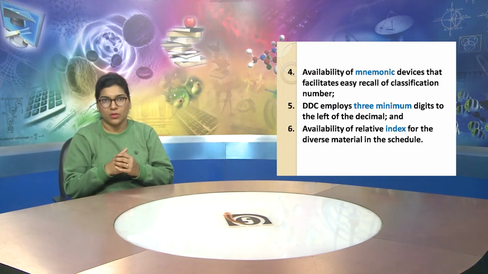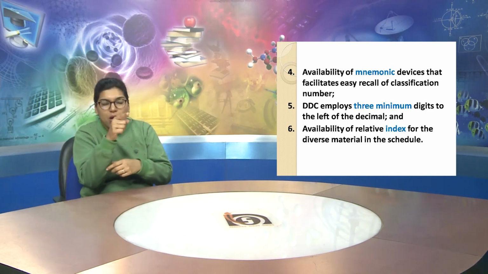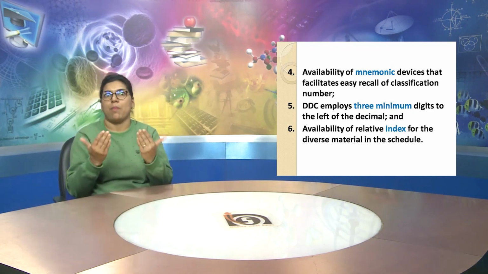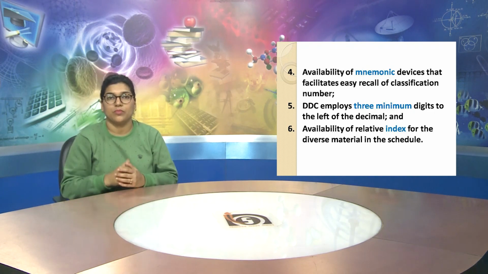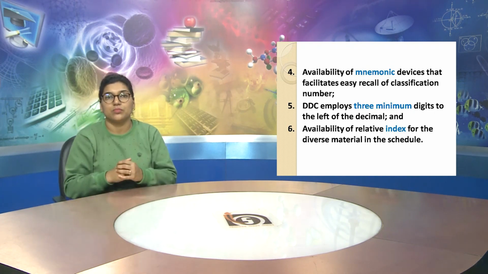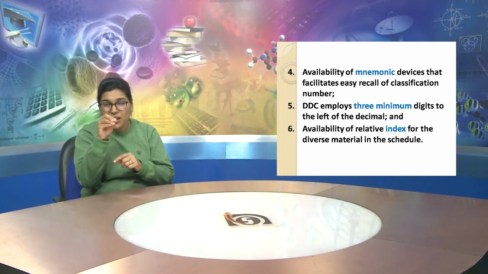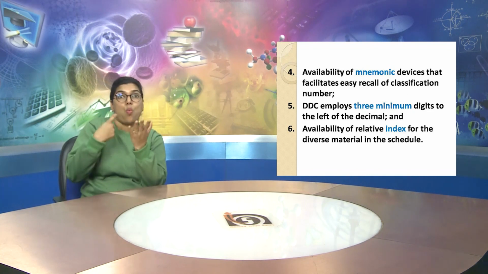Point 4. Availability of mnemonic devices that facilitate easy recall of the classification number. Point 5. DDC employs a minimum of 3 digits to the left of the decimal.